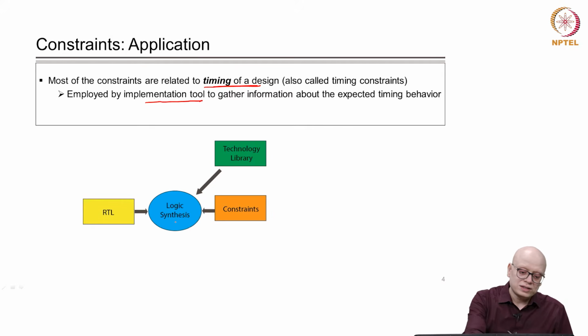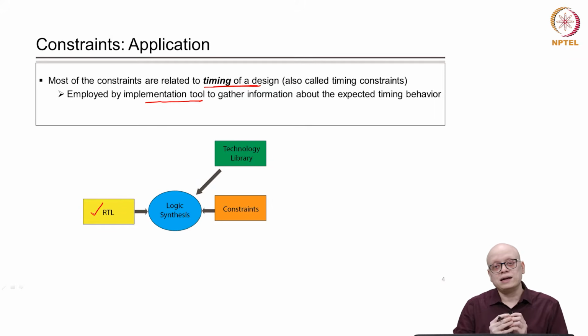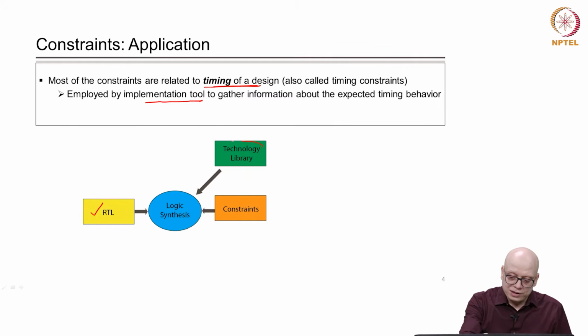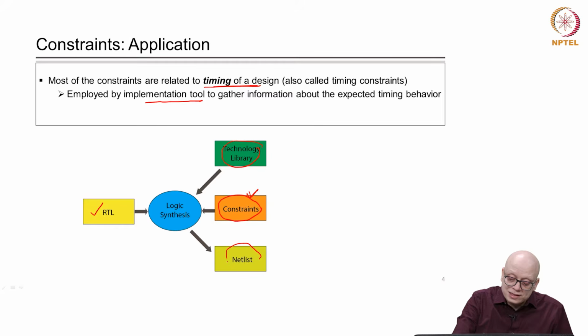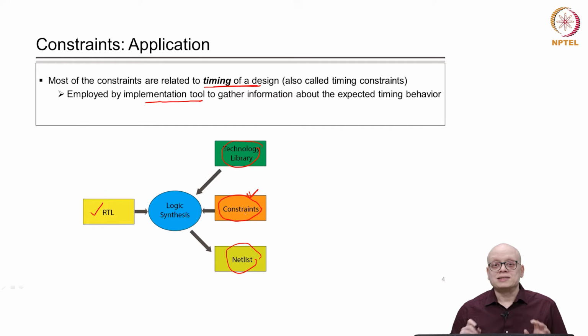The first is the RTL model that defines the functionality of our design, and the technology library, and the third thing was the constraints, right. So, this is what the constraints we are discussing in this lecture. So, logic synthesis will take these constraints as an input, and based on this RTL and the technology library, it will generate a netlist. So, this netlist should be such that the constraints are obeyed by the netlist ideally, right.